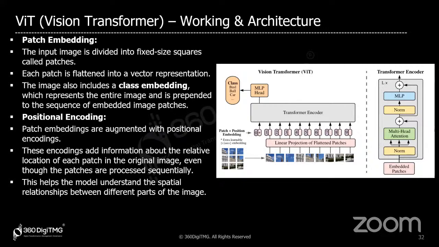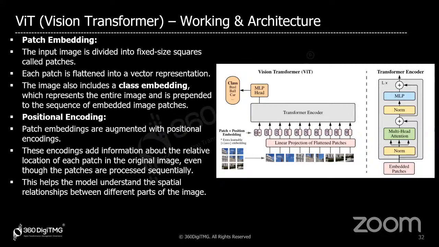Then we are doing a positional encoding. The patch embeddings are augmented with a positional encoding. These encodings will add information about the relative locations of each patch in the original image as well.